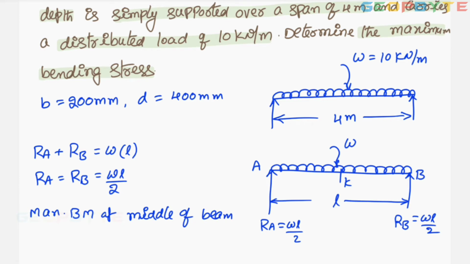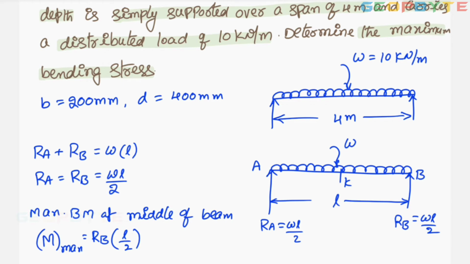Maximum bending moment at the middle of the beam, M suffix max. Find the bending moment at the middle of the beam. RB is developing a moment in the anti-clockwise direction. The moment given by RB into the distance up to the middle, which is L by 2.